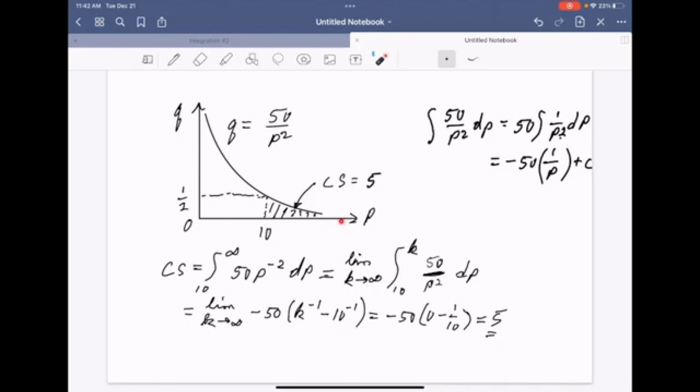So we're looking at the area from here back down to 10. So we get minus 1 over k, but k is going to infinity, so 1 over infinity goes to 0. So we get minus 50 times minus 1/10, which again is 5.